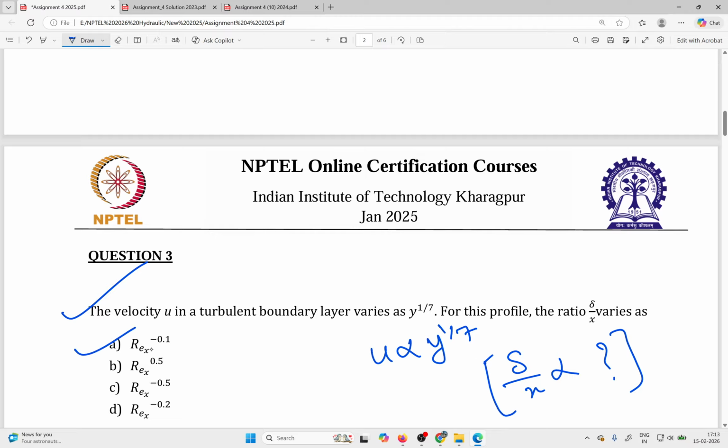Option A, Re_x, where x represents distance, to the power minus 0.1. Another option has the power 0.5, another 0, another minus 0.5, and another minus 0.2. So just think on that.